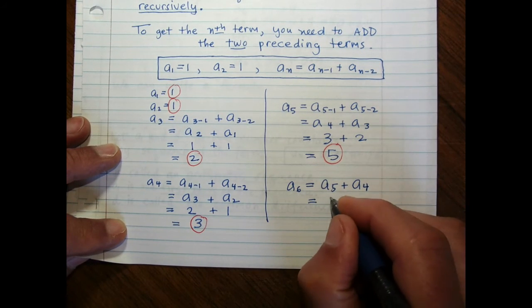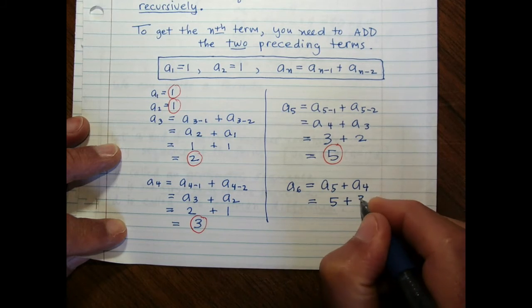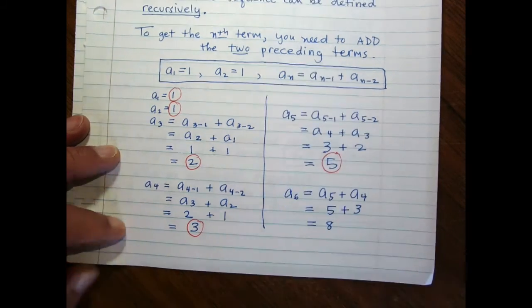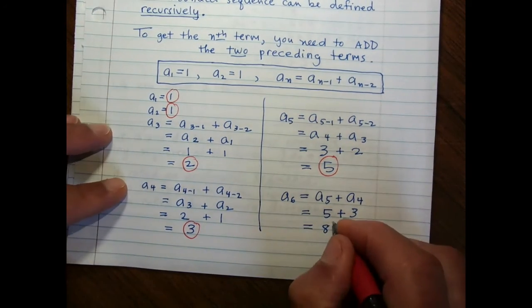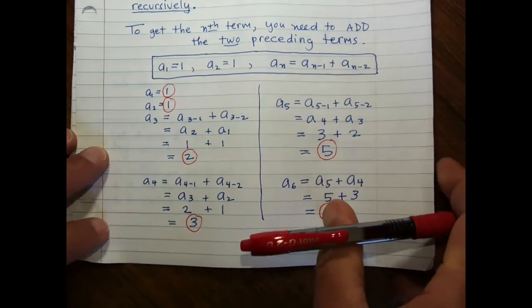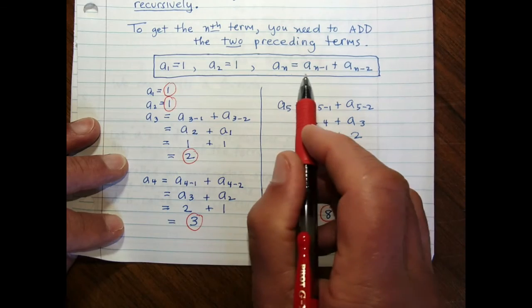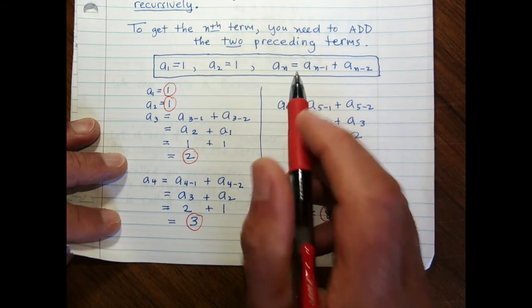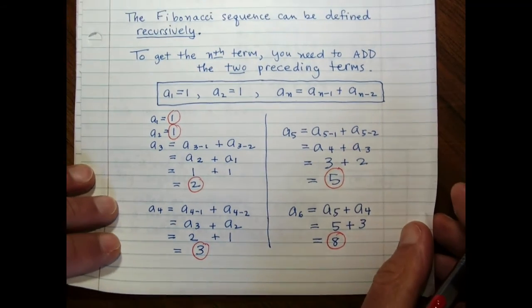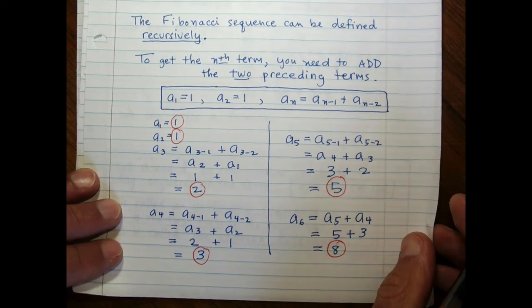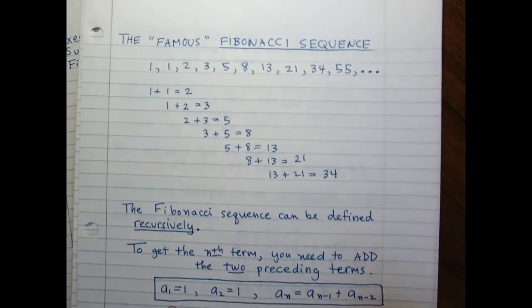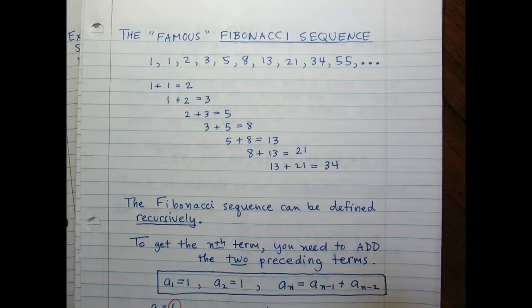So a sub 5 is 5, a sub 4 is 3, 5 plus 3 is 8. There's my term 8. So this is just an exercise in getting used to the look and being able to write out terms from a recursive formula, in this case for the famous Fibonacci sequence that we started out at the top of the page here.